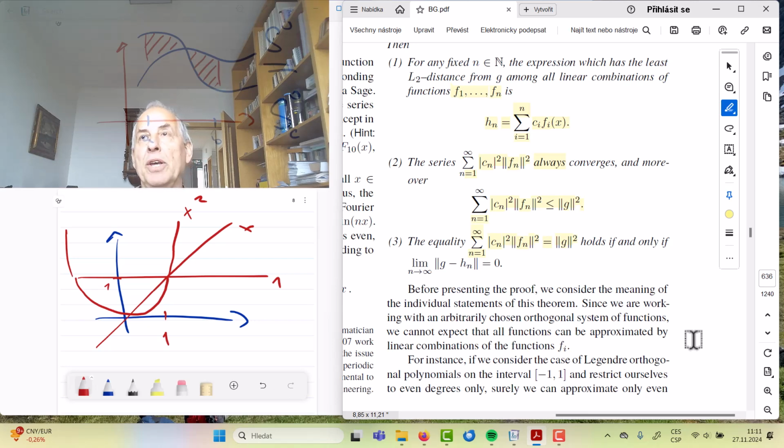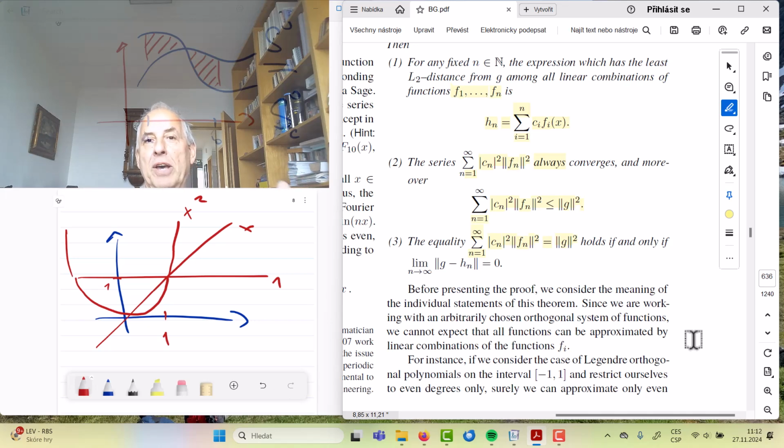But in order to imagine what we can approximate and what we can't, right? Imagine, for example, that we would simply take the Legendre polynomials but skip all of those of odd powers, and keep only those of even powers. So all the functions we will have in our orthonormal system will be even.